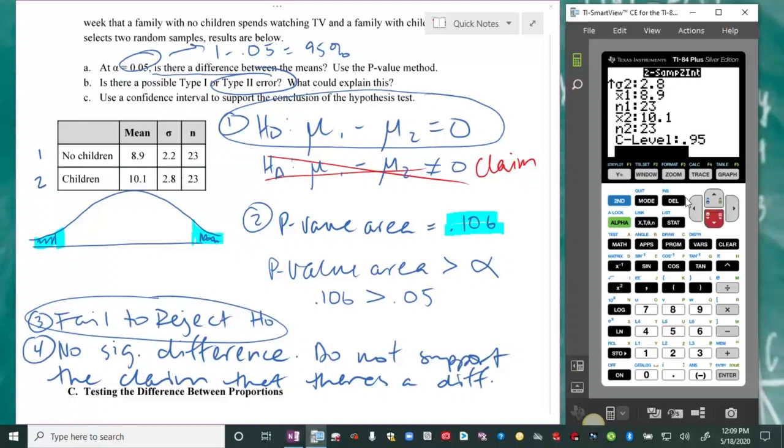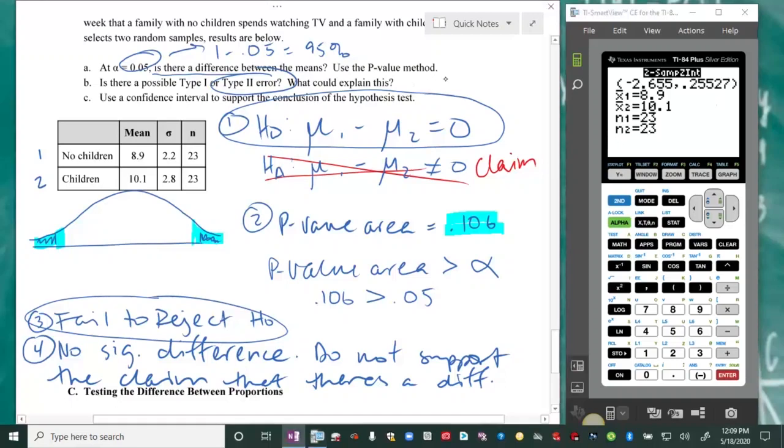Go ahead and hit calculate. And we end up with a confidence interval that goes from negative 2.655, crosses over 0, and goes to 2.557. So this confidence interval, I'm just going to draw it up here on my number line. So it's right next to our null hypothesis. So this is negative 2.66, and it goes to 0.255.